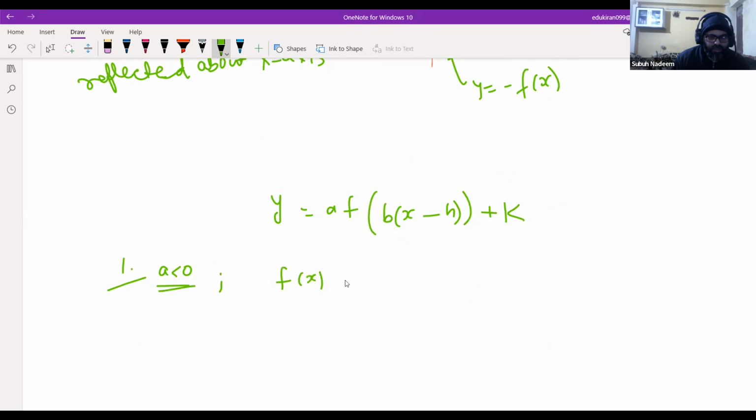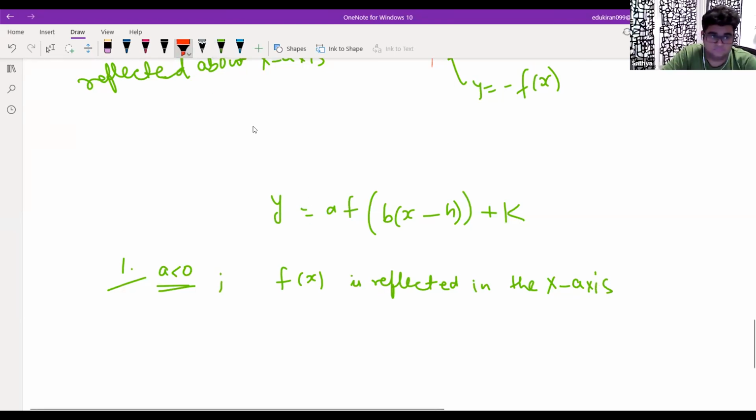This is true, as we studied just now, which is the sixth point, that if minus sign is outside the function, then it is reflected in the x-axis. This minus here is multiplied to the output.